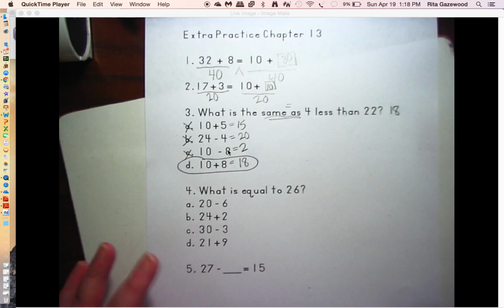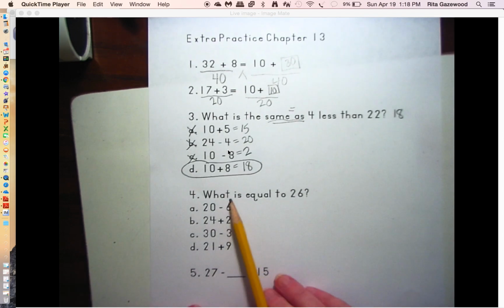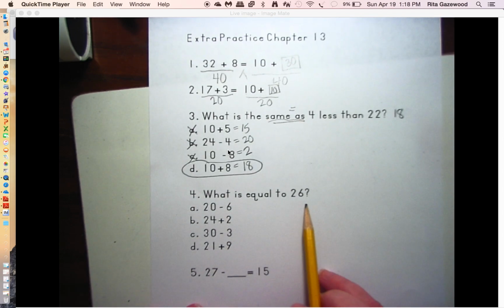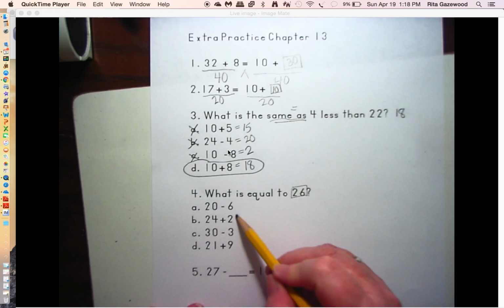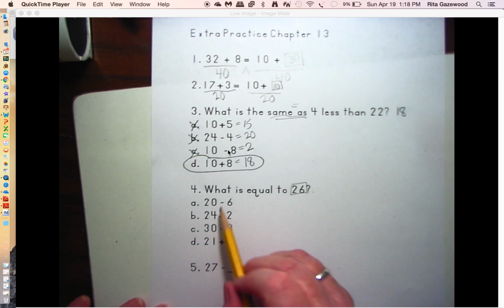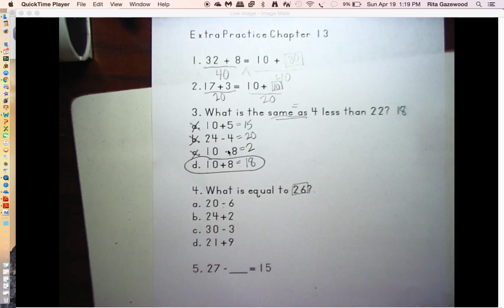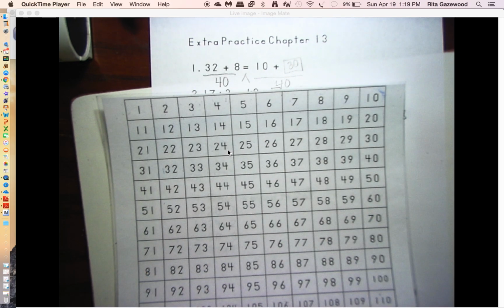All right, the next problem is similar to the one we just did. It says, what is equal to 26? Okay, so we have 26. We're saying which of these problems equals 26? So let's make sure you pay attention to the symbol, 20 minus 6. So let's find our 20. We're going to subtract 6.